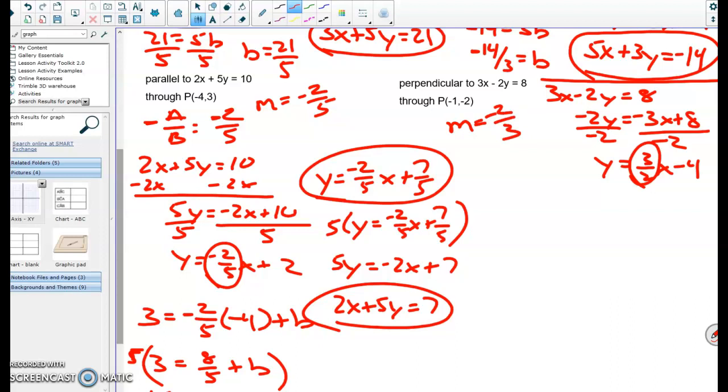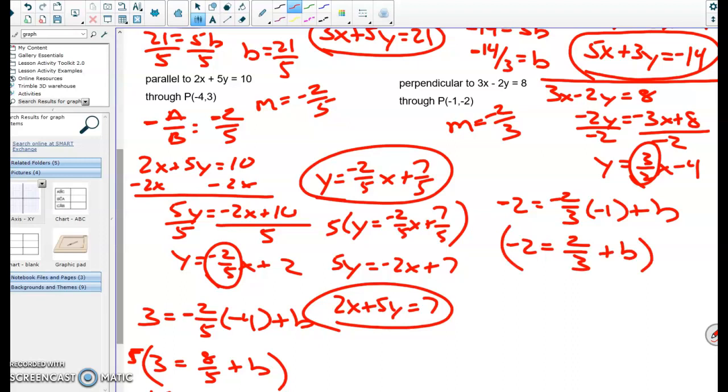So now I plug that in. So y equals mx plus b means negative 2 equals negative 2/3 times negative 1 plus b. Negative 2 equals 2/3 plus b. Multiply everything by 3. We get negative 6 equals 2 plus 3b. From there, I'm going to subtract 2.